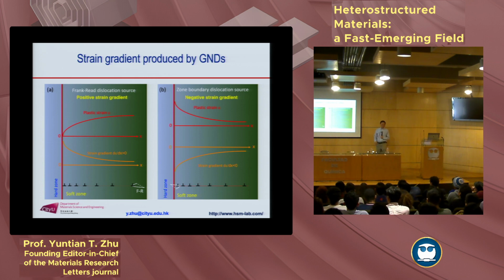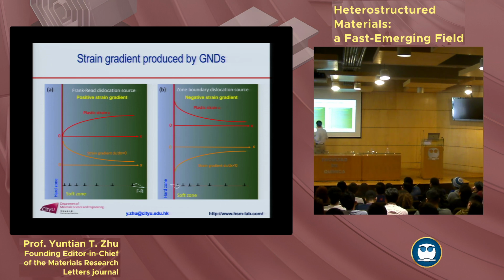Now, if you look at this more carefully, this is dislocation pile-up. In metals, we say what's the plastic deformation from? It's by dislocation slip. Okay, your Frank-Read source is here. Let's start from here.